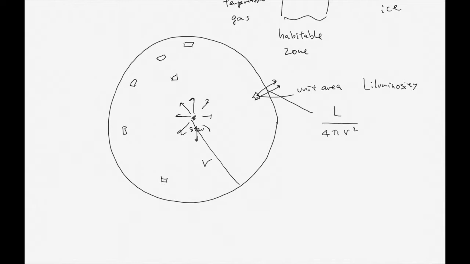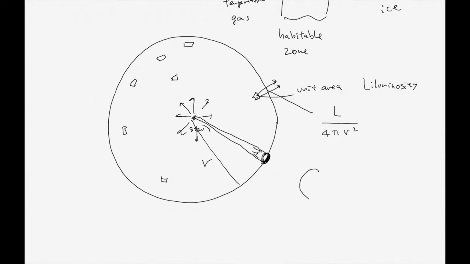Then if we place a particle on the surface of this sphere with the radius of the Earth's orbit, some of the light will be received by this solid particle. If we don't take into account any spin motion of the particle, this part doesn't receive any energy, but this region is going to receive the energy from the host star.